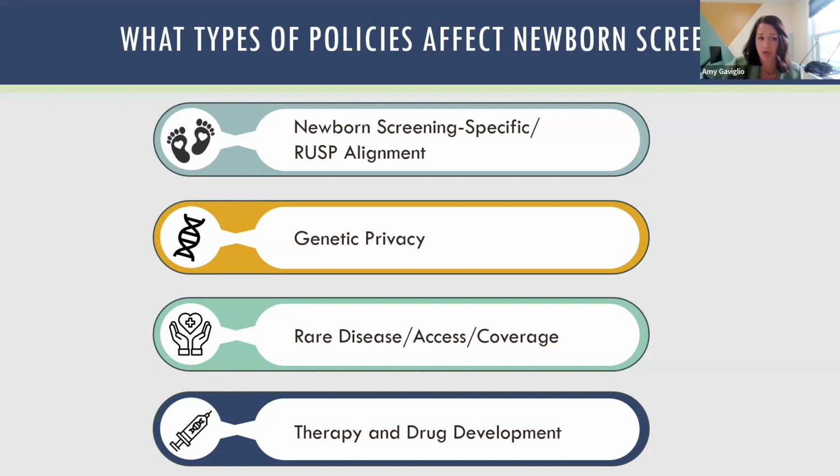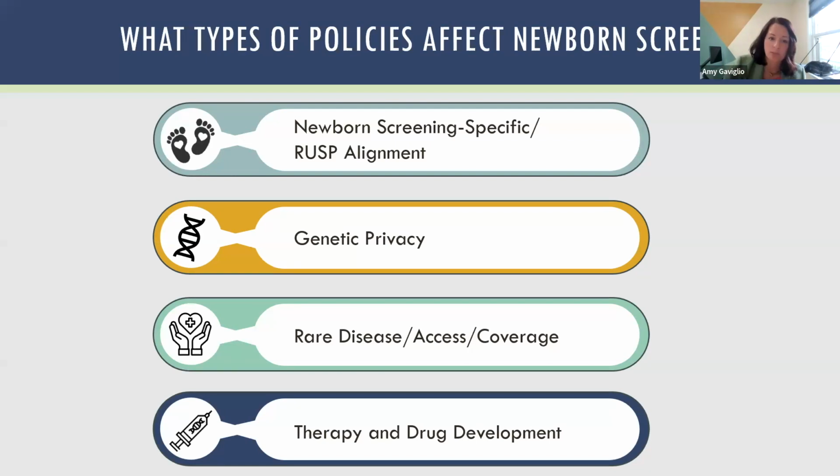From there, we'll touch on policies related to genetic privacy, data, and use. Then we'll cover policies that maybe aren't as directly related to newborn screening, but address the rare diseases more globally that may be identified through newborn screening. So we'll look at things in terms of access and coverage of diagnostic testing and treatments.